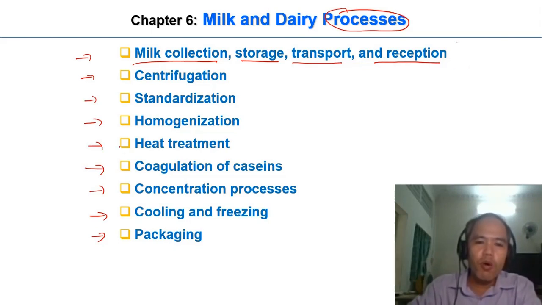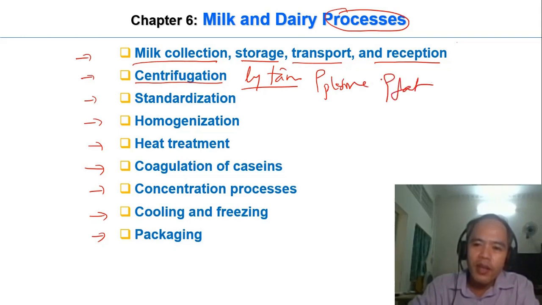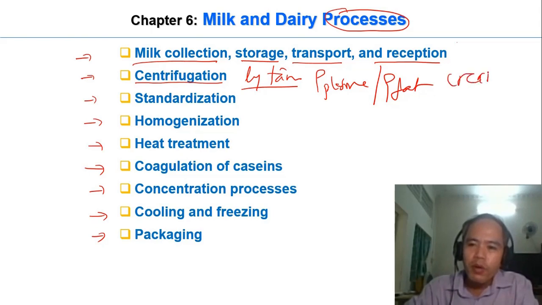And then the second part we will discuss is centrifugation. Centrifugation in Vietnamese means ly tâm. Okay, that is we apply the centrifugal force, the force that brings material away from the center, and the separation will be based on the difference in the density of plasma and the density of fat, and then we can separate the cream away from skim milk.